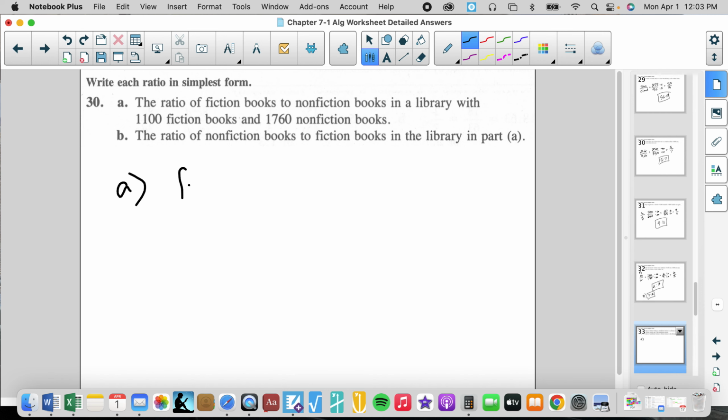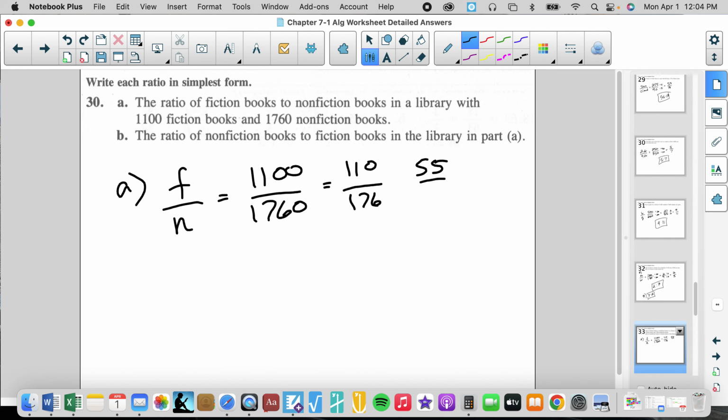Ratio of fiction to non-fiction books in the library with how many fictions and this many non-fiction. So if we reduce that, that's just going to be, well, let's make it easy. 176 divided by 2 is 88. There's 11 in there again.